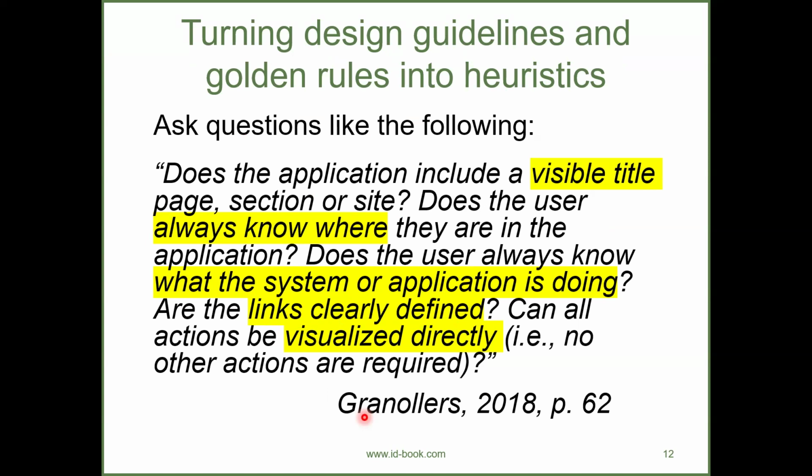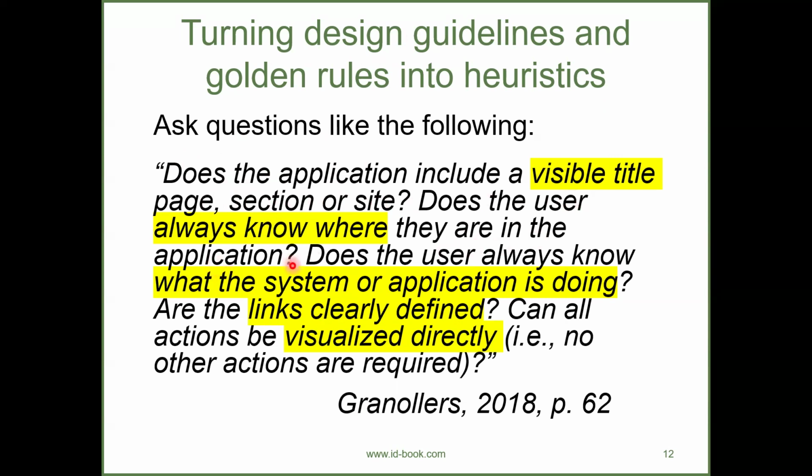Now let us see how to turn the design guidelines into heuristics. You can ask simple questions. For example, when you are making a heuristic, you can frame some questions which will help the evaluator to evaluate the app. Does the application include a visible title page for each page or each section or each site?